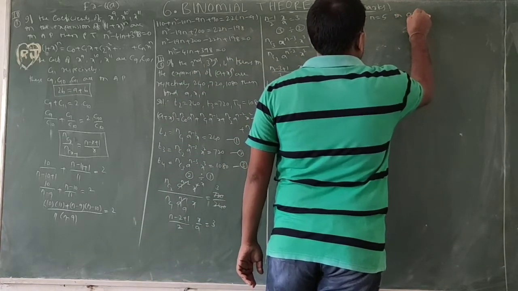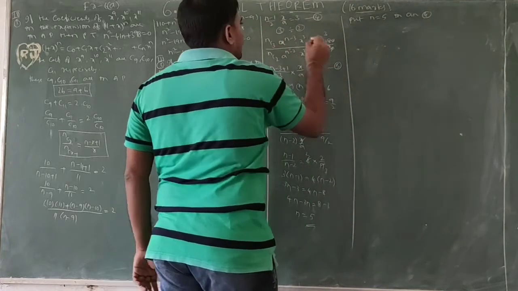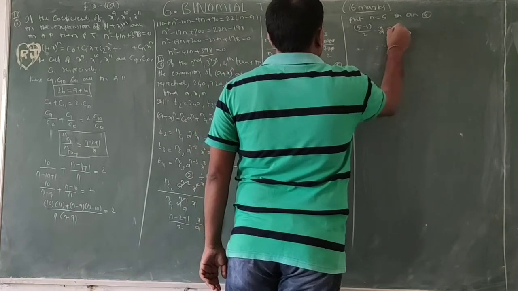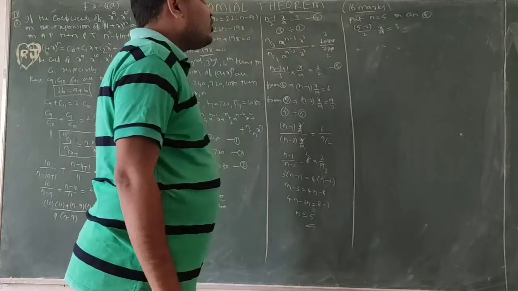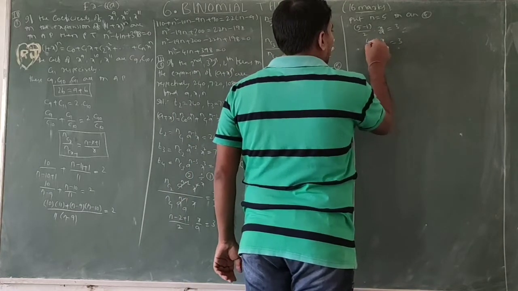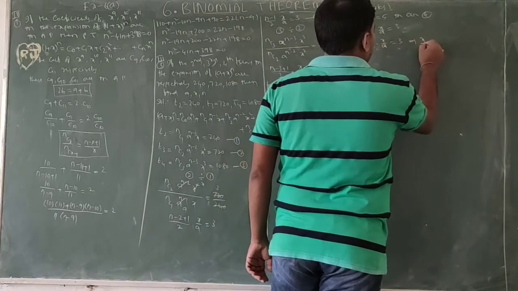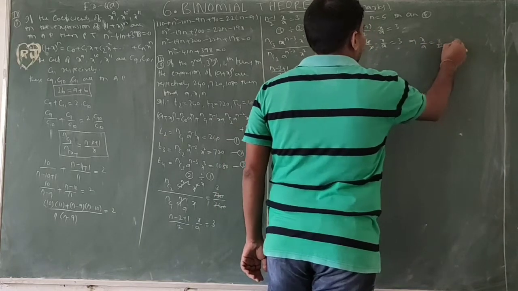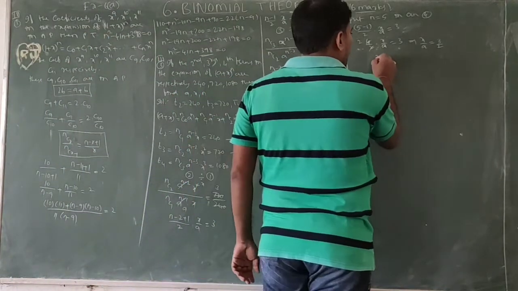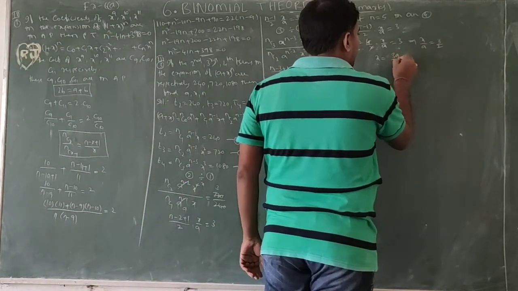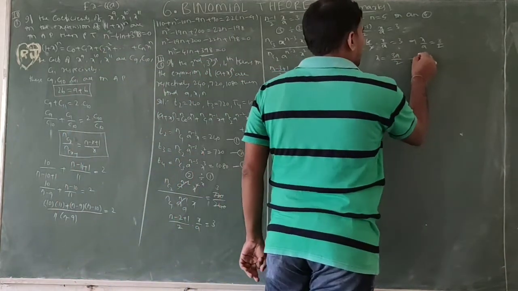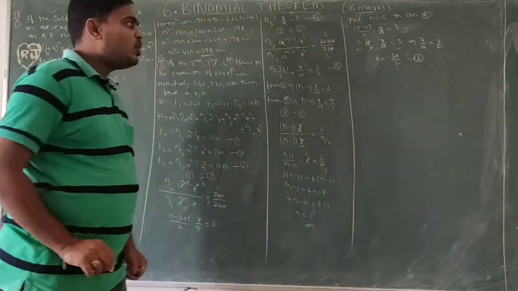Equation 4 is 5 minus 1 by 2 into x by a equal to 3. 5 minus 1 equals 4, 4 by 2 into x by a equal to 3. 2 into x by a equals 3, cross multiply, x by a equals 3 by 2. So x equals 3a by 2. This is equation number 6.